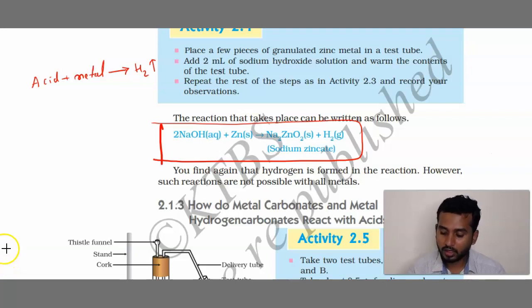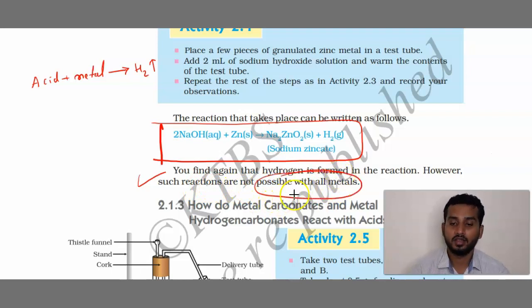But here in this point it has written, you find again that hydrogen gas is formed in the reaction. However, such reactions are not possible with all metals.